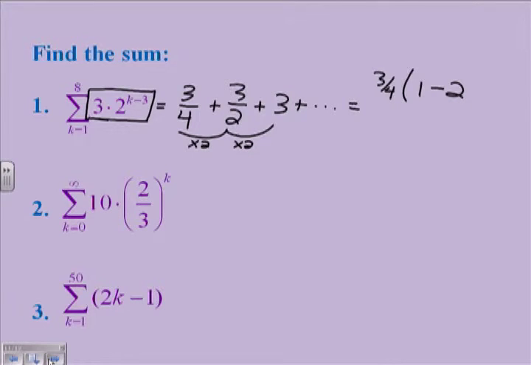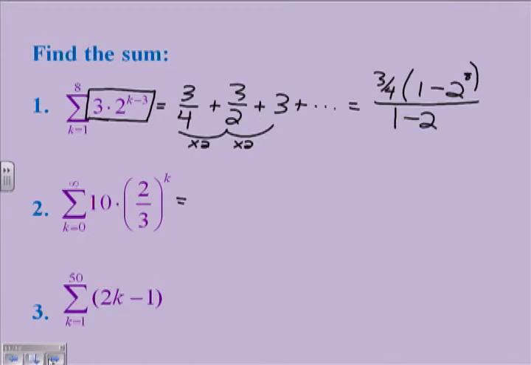Now, what will the n have to be here? I'm trying to add up the first 8. So it's 8 over 1 minus the common ratio. And I think I'll just leave it there. You could run through the arithmetic on that. Okay.